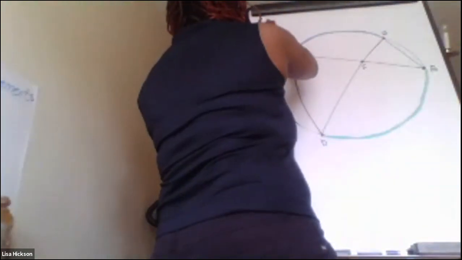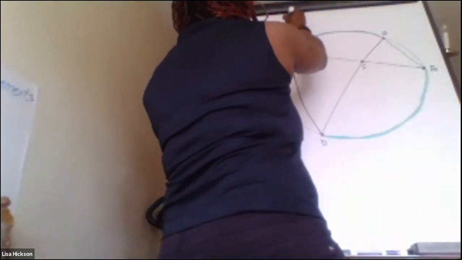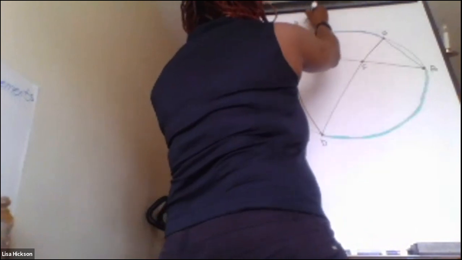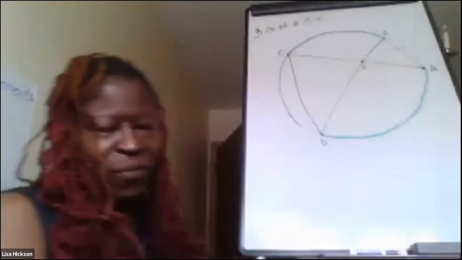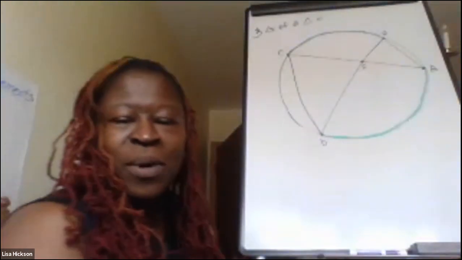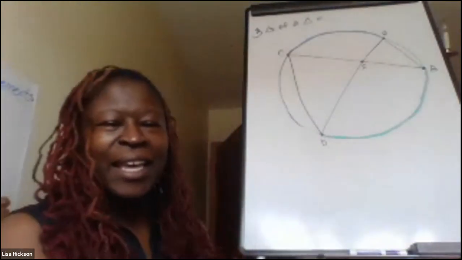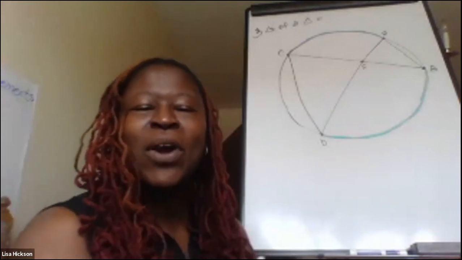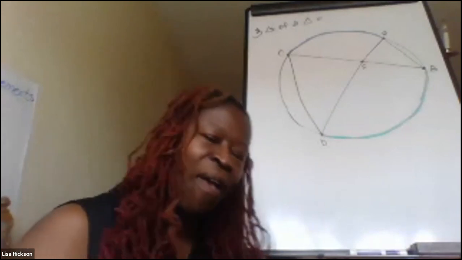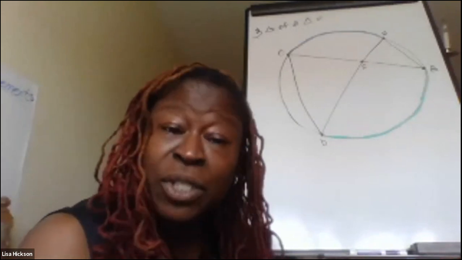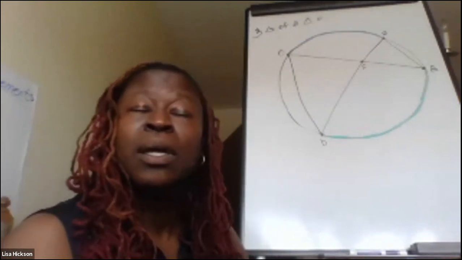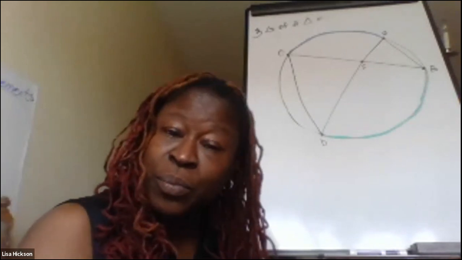All right, so first we're going to say the three angles of a triangle. So we need that information. Hello, join us. In 6 minutes, we are going to discuss our little problem here. This is an application of inscribed angles.